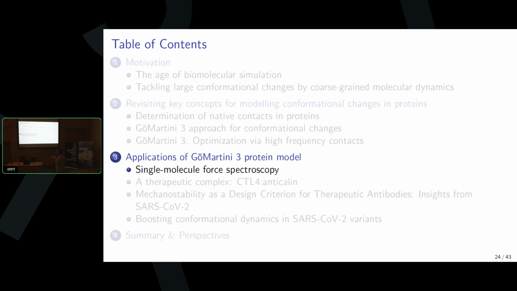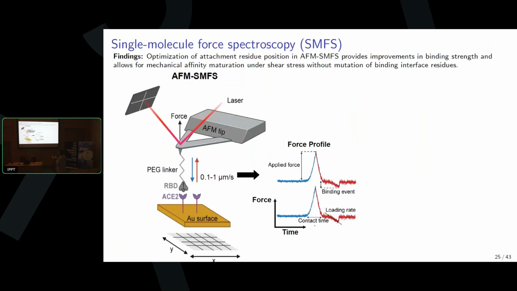Some of them are a little bit old, but they are the basis of GōMartini. Single molecule force spectroscopy has been used in my group to validate our experiments, in collaboration, of course, with experts from the AFM community, for instance for the case of ACE2 and RBD from the spike of SARS-CoV-2.